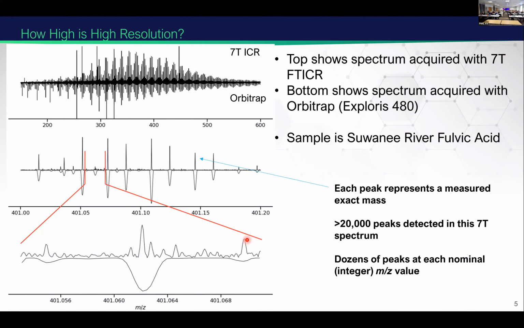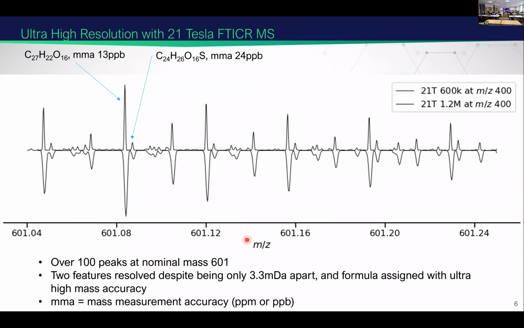We can go even more extreme in terms of mass accuracy, in terms of how accurately we are measuring these masses and how fine splitting we can go with the distance between them. So from our 21 Tesla instrument, we can go to even higher mass to charge ratios and resolve even smaller differences. Here, the distance between these two peaks is on the order of 3 millidaltons, which is just about the mass of 6 electrons.